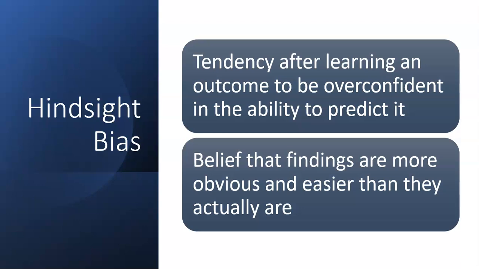And we tend to be a bit overconfident, actually a lot overconfident, in our ability to make those kinds of predictions. This hindsight bias can influence the way researchers design their studies, the way they think about them, the way they interpret their findings. So it's something we always have to be careful about as we conduct our research.